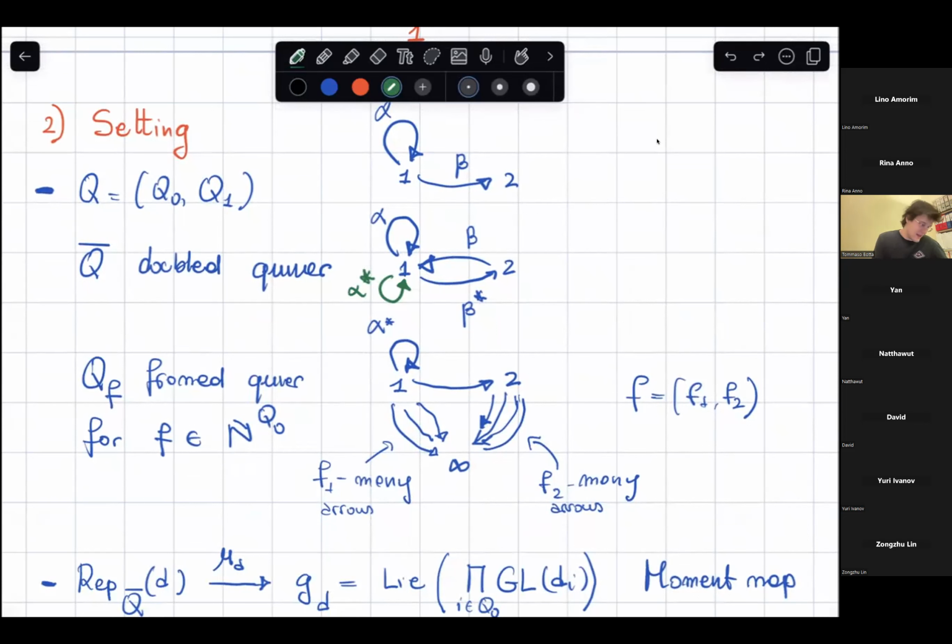And so to frame a quiver, one adds some vertex at infinity, and adds arrows from any vertex to the vertex at infinity as prescribed by this dimension vector. So for instance, in this quiver, f will be a tuple of two non-negative integers, f1 and f2, and I add f1 many arrows from the first vertex to the vertex at infinity, and I do something analogous for the second vertex.